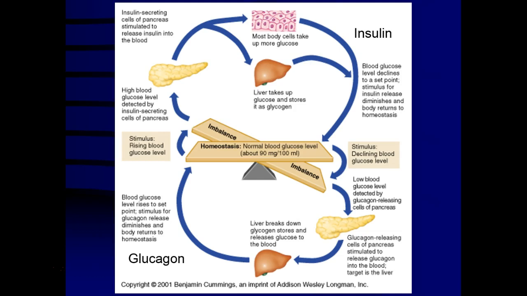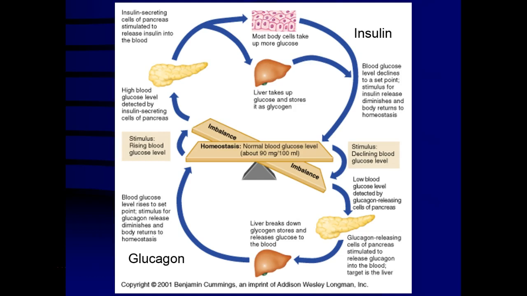Then another type of cell within the pancreatic islets, called an alpha cell, detects that drop in blood sugar, and it secretes another protein hormone called glucagon. Glucagon. Now, in glucagon, agon means against. So this is against sugar.